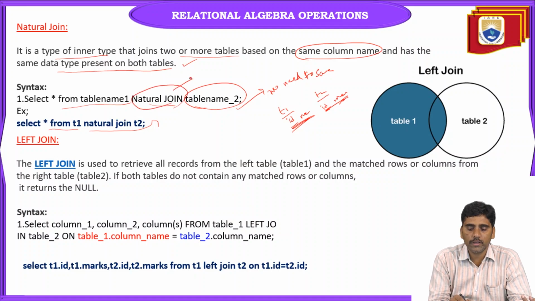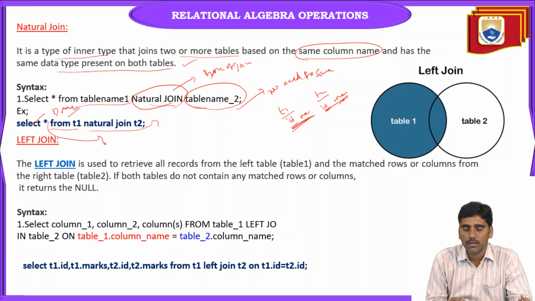Natural join is the type of join you are performing, and select star from is the DML command, where star indicates that we are going to retrieve all the values present in T1 and all the values present in T2. They will be displayed.